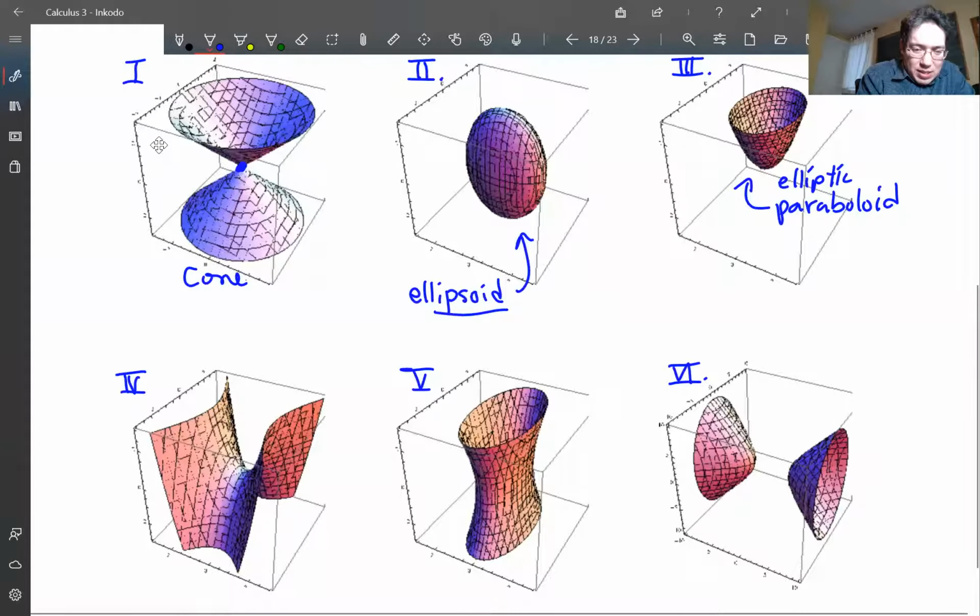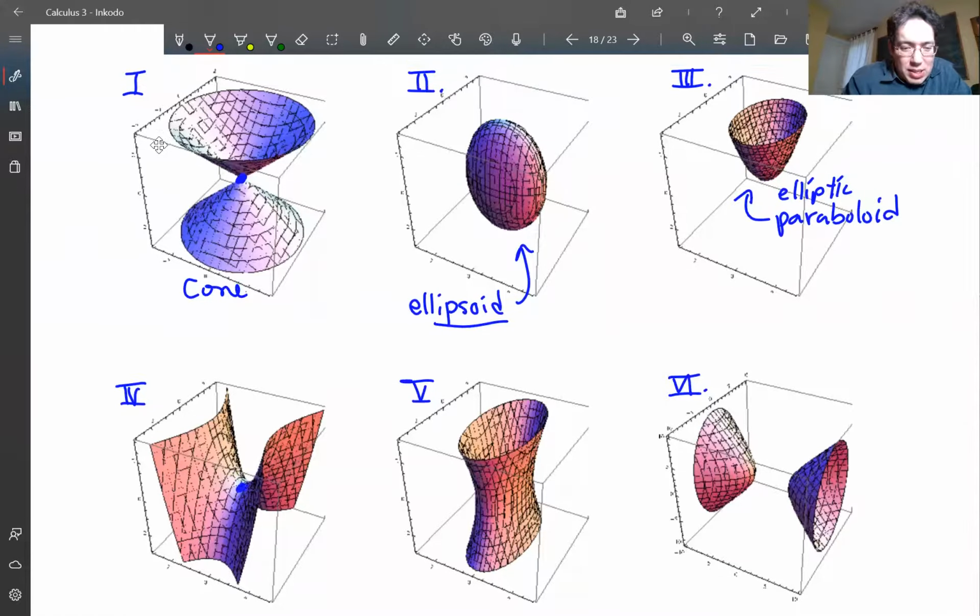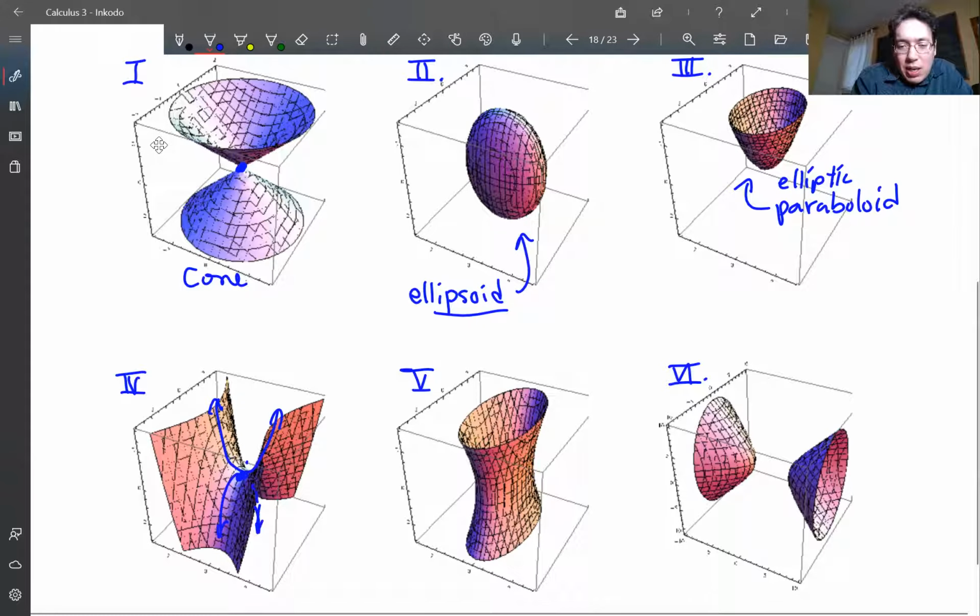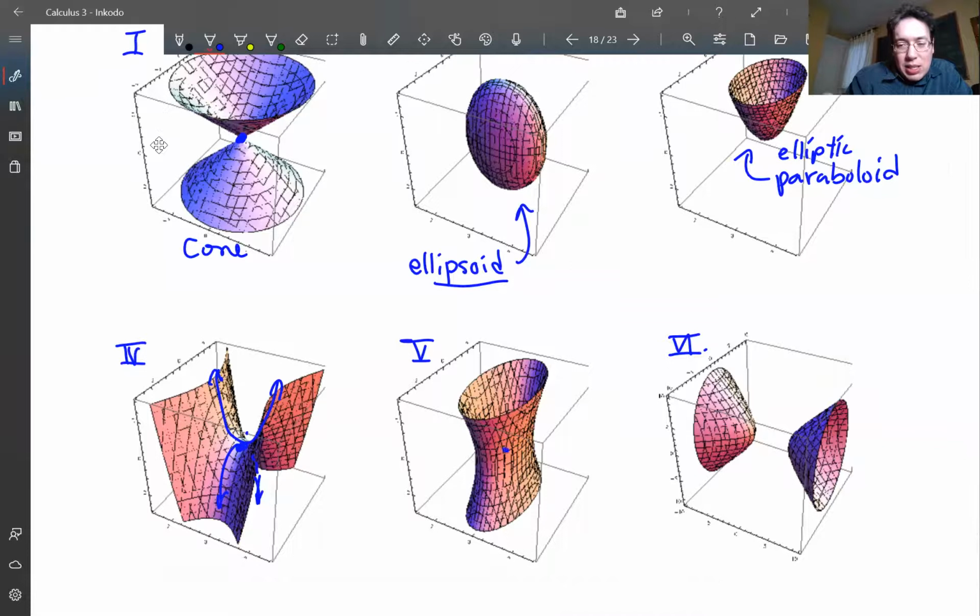It looks like a parabola going this way and a parabola going the other way, but it touches the origin. This one does not touch the origin. It kind of envelopes it from both sides, right? It contains it, but it doesn't touch the origin. And here it also looks like the origin is not included.